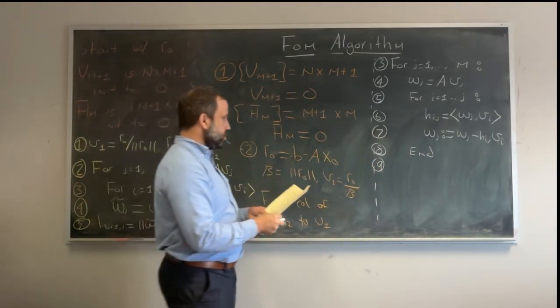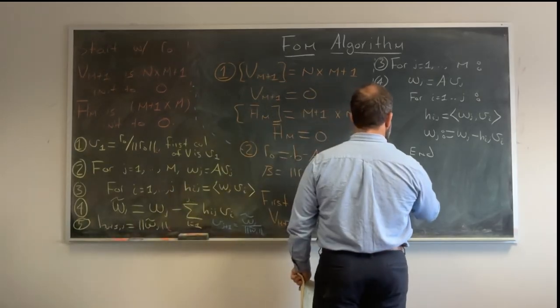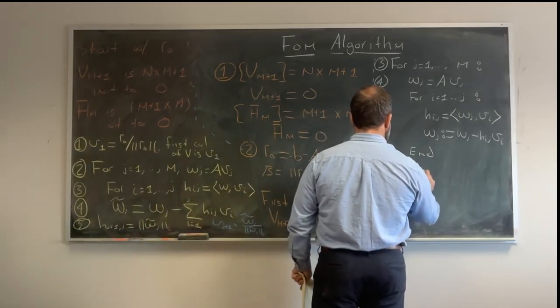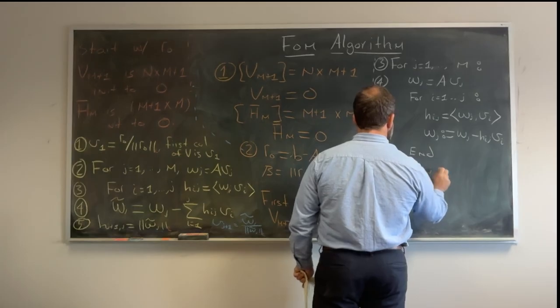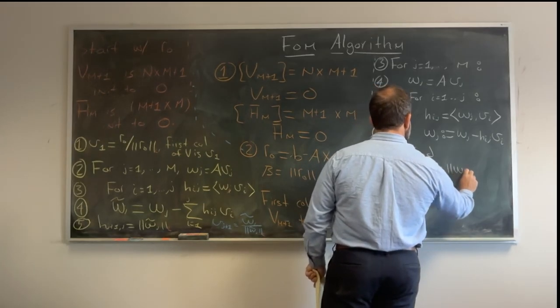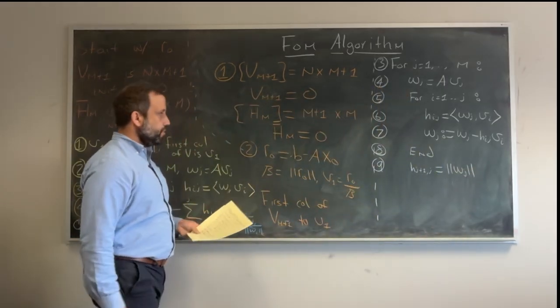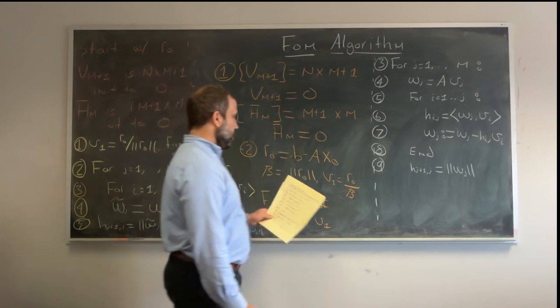We're going to compute the final hj+1,j. It is now going to be equal to the magnitude of wj. There's an asterisk here that I will get to in a moment.